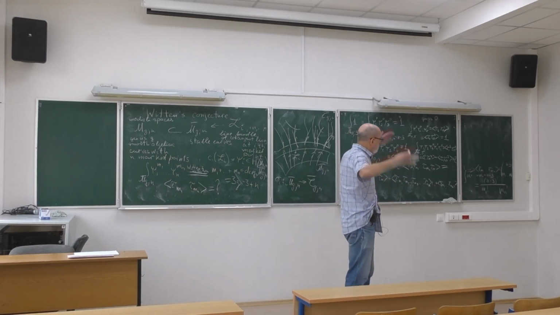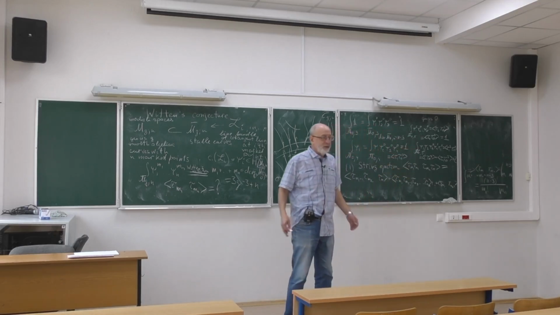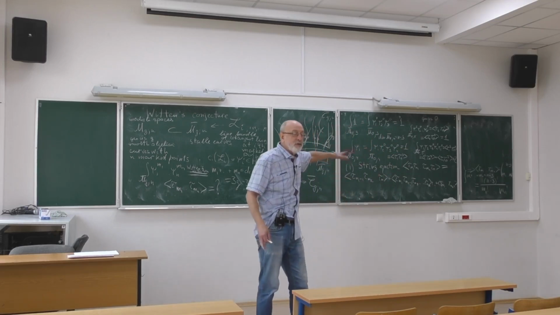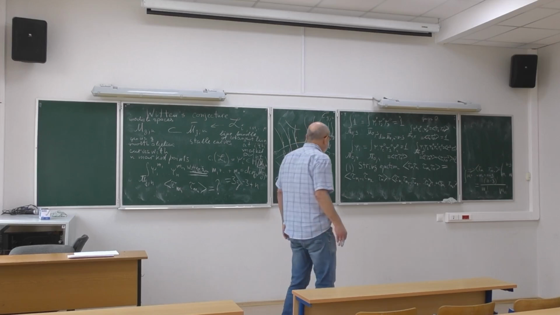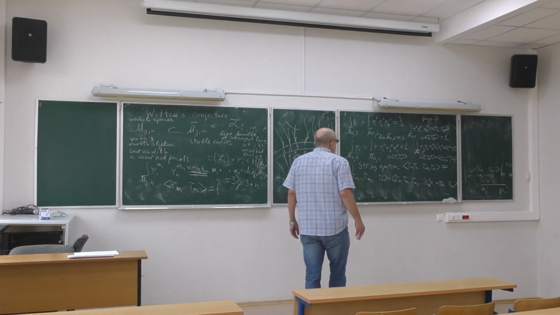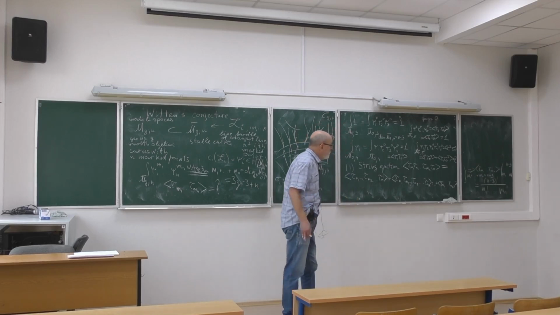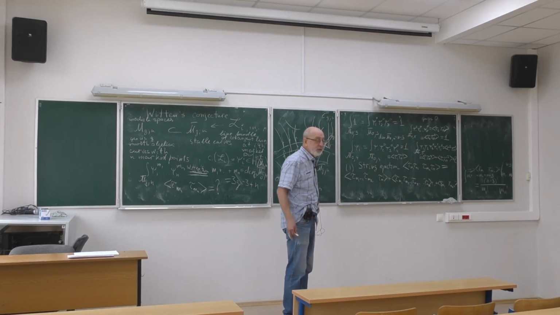So we know already a huge amount of intersection indices, but all of them are related to the genus 0 case.